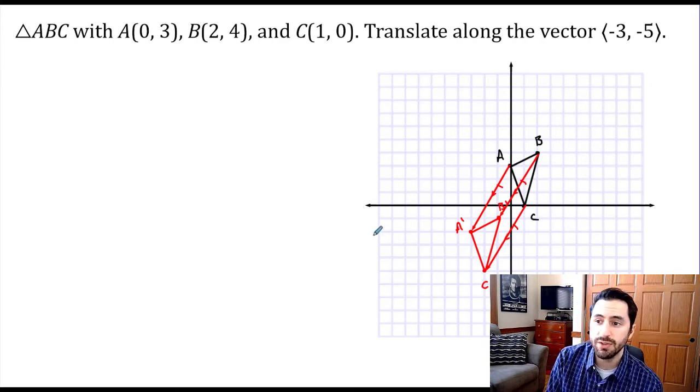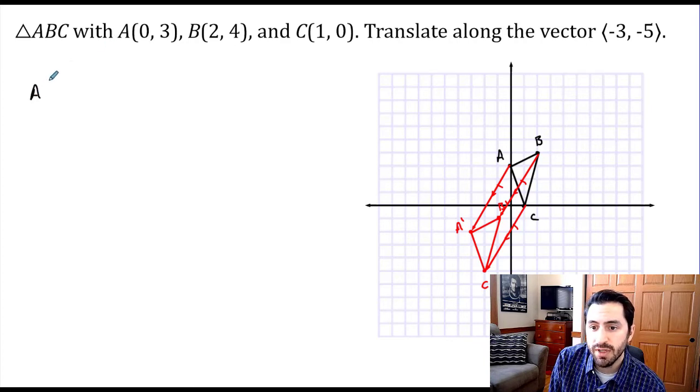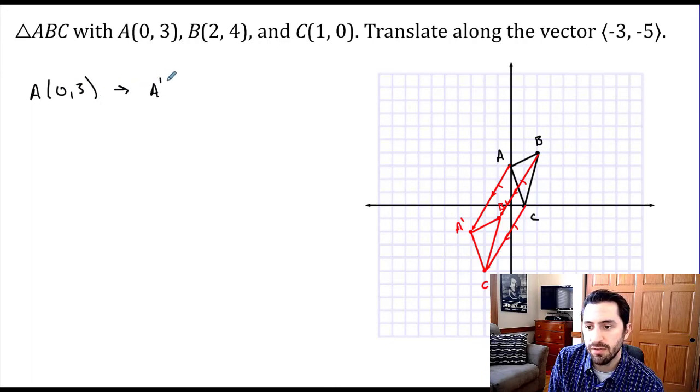However, I can also do this algebraically. So this vector is giving me a rule I have to follow. So if I start with the point A, which is the point 0, 3, after my translation, I can find the location of A prime by subtracting 3 from my x value, because the vector is -3 here.